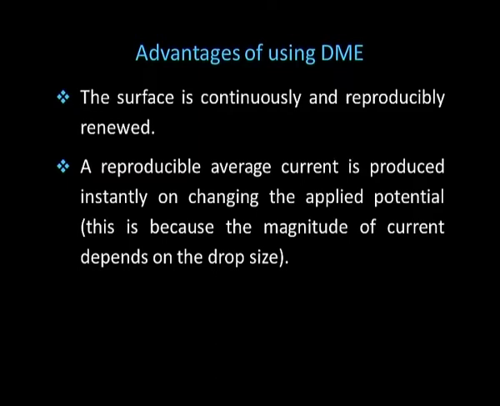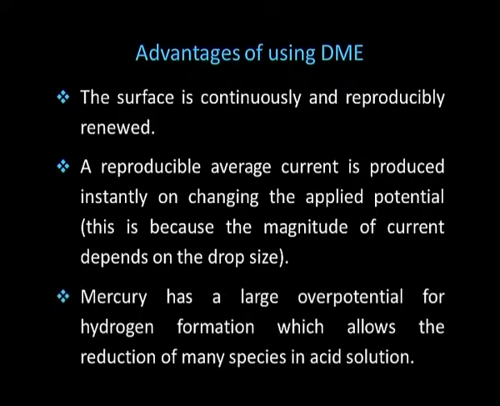This is because the magnitude of the current depends on the size of the drop. The third advantage is that mercury has a large overpotential for hydrogen formation, which allows the reduction of many species in acid solution, which means we get a large available window for the reduction of a variety of compounds.